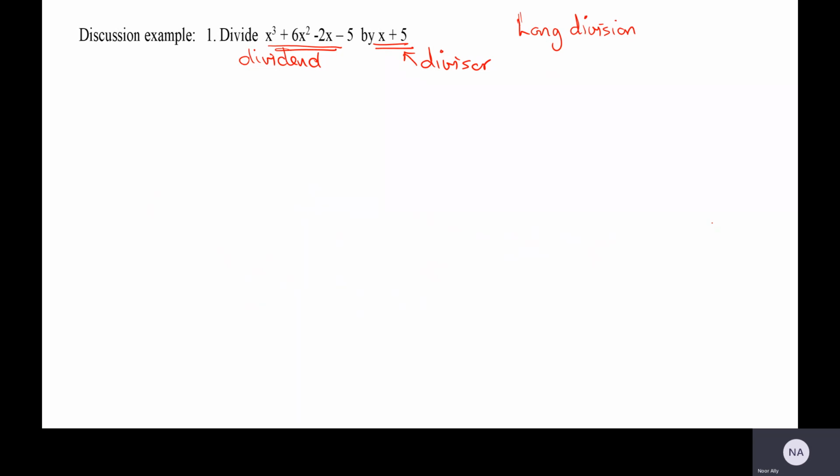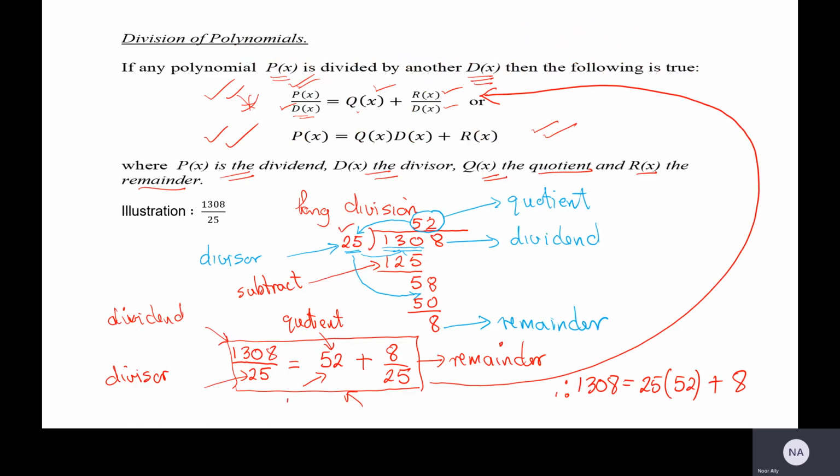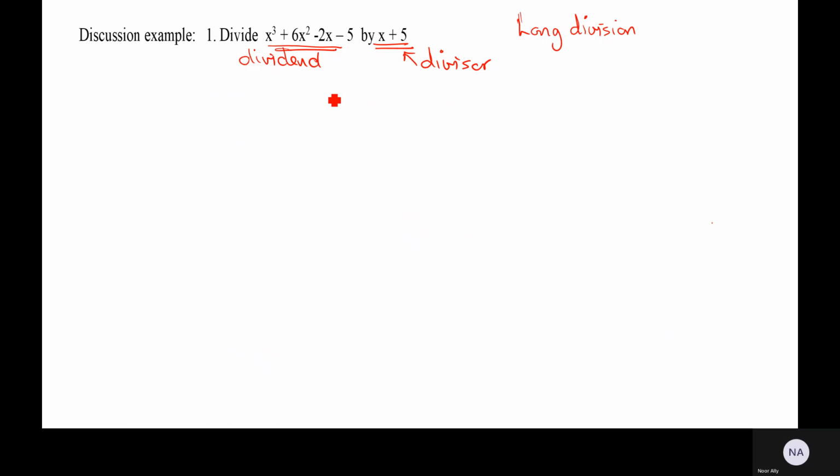We're going to follow the same process as we did in the previous slide. So take the divisor into the dividend, and we're going to follow that notation. So I'll make a division symbol. That's my divisor.